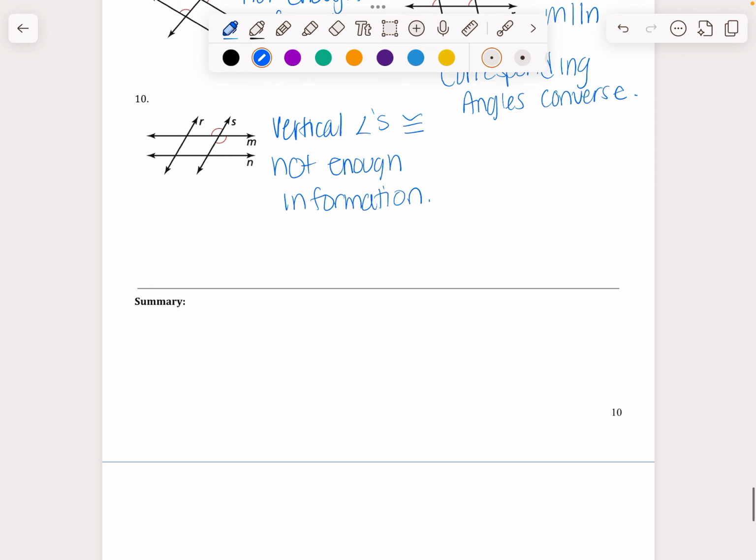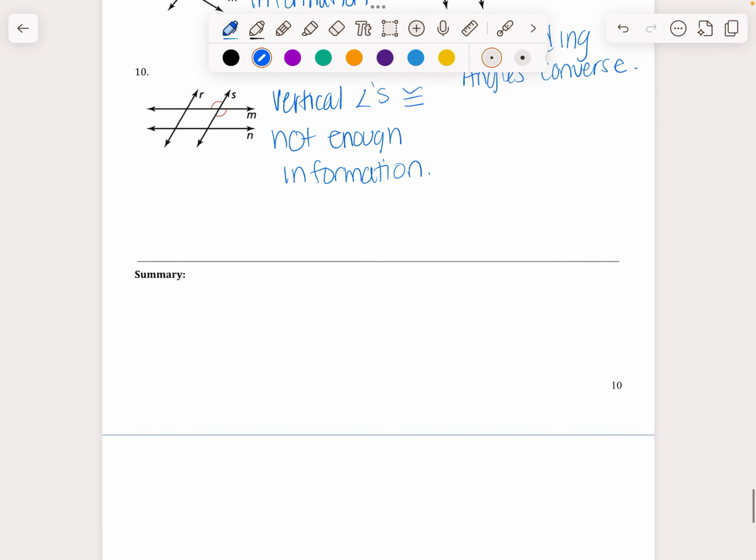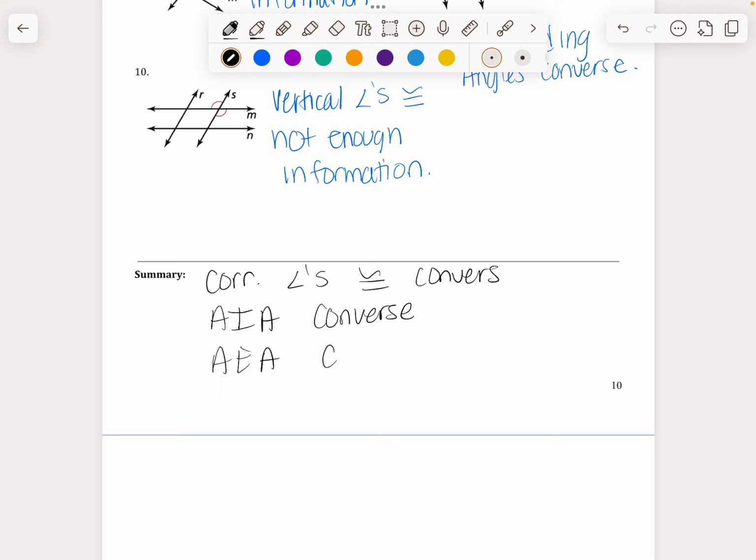Okay, so in summary, there are the 4 converses. We got the corresponding angles converse, the alternate interior angles converse. Oops, I meant to write converse up here. Alternate exterior angles converse.